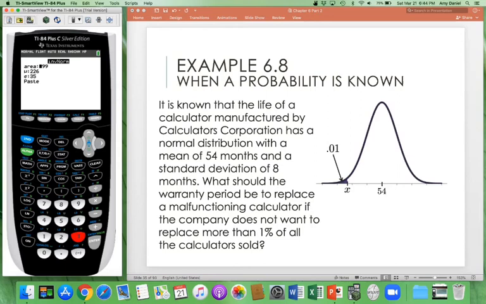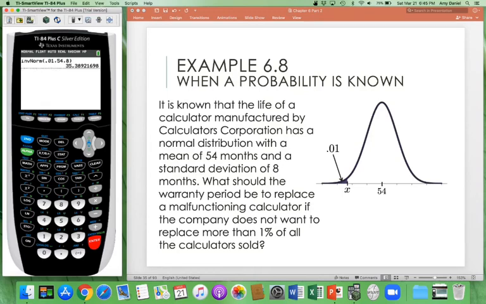So I'm entering in my area. The area for inverse norm always has to be shaded to the left, and it is. So this time I don't have to subtract from 1. I've already got a left-tailed area. And then I enter in my mean and standard deviation. Mean is 54 months. My standard deviation is 8 months.